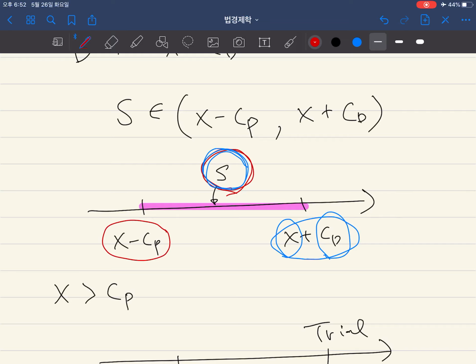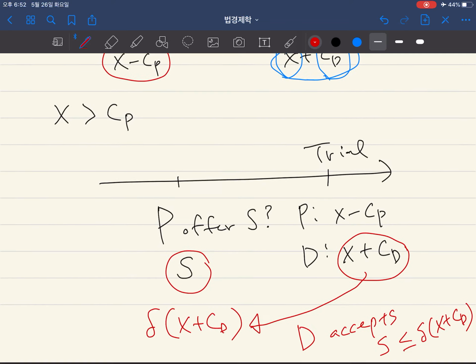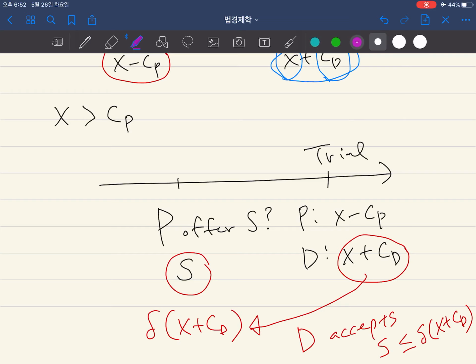So if possible, plaintiff wants to settle with defendant, and therefore when plaintiff thinks about his choice of offer S, this is constrained. So plaintiff wants to make an offer S less than or equal to this present value of defendant's trial payoff, and still, if possible, plaintiff wants to get as much as possible.